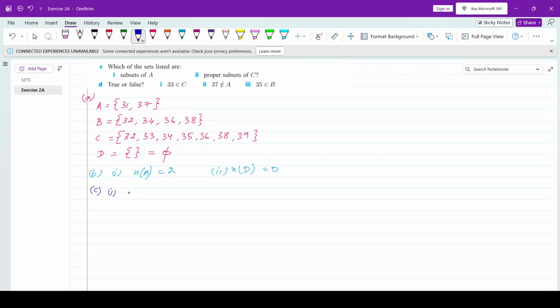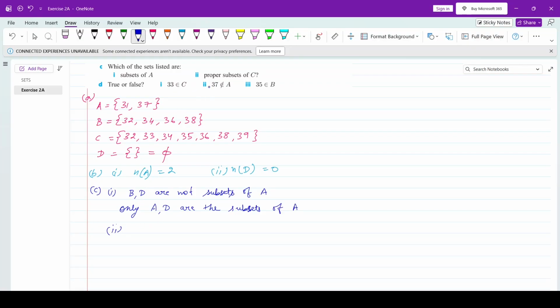Therefore, we can say D and A are definitely subsets of A. However, B and C contain elements which are not present in A. Therefore, B and C are not subsets of A. Only A and D are the subsets of A.